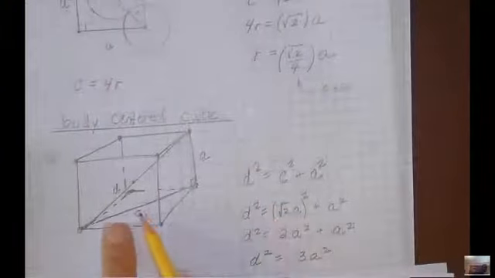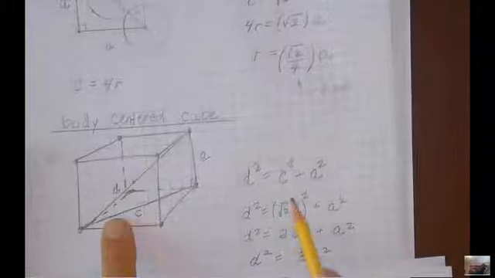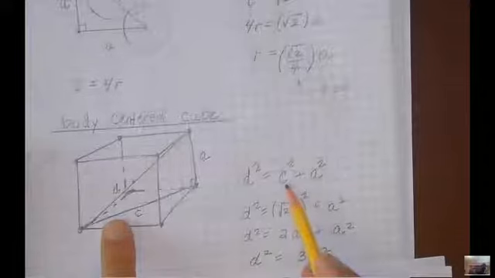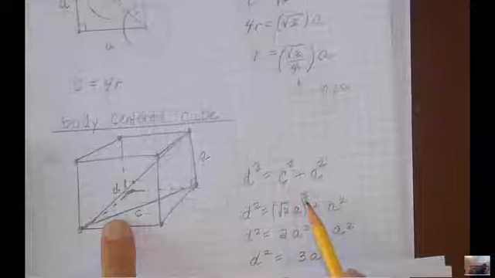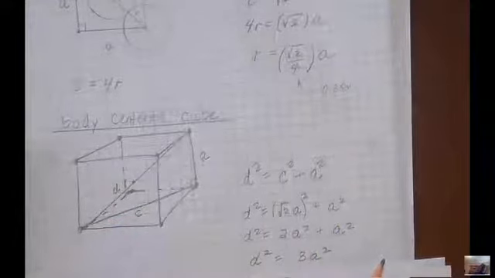So I'm going to substitute that in for c, because c was just a regular right triangle down at the bottom. That means I have to put it in for c squared, so I have to square it.